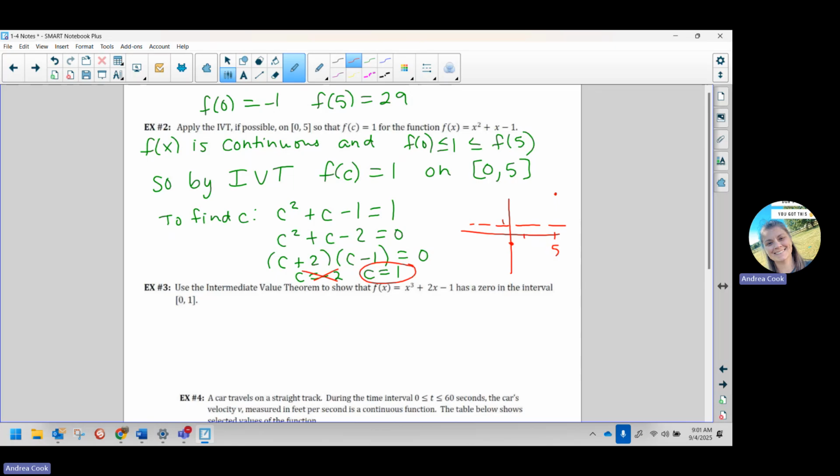When x is 1, the value of f of x is, this is a parabola, I don't know what it would look like. That's not very good, but you get the idea. So at 1, your function crosses.